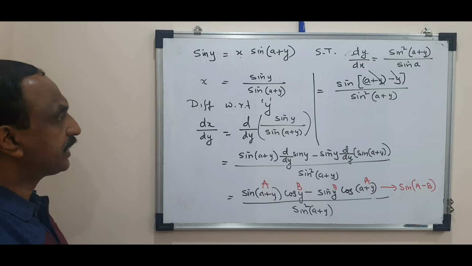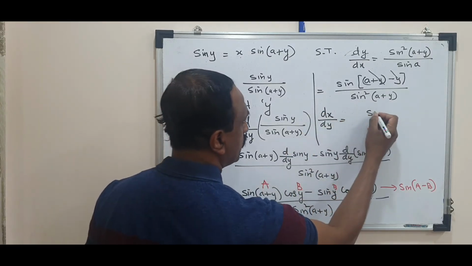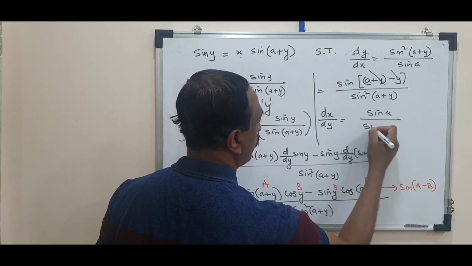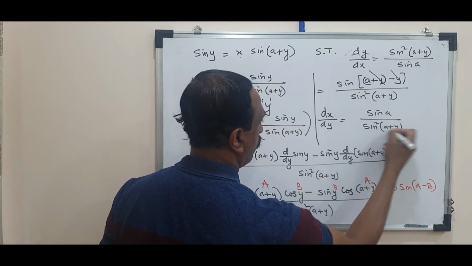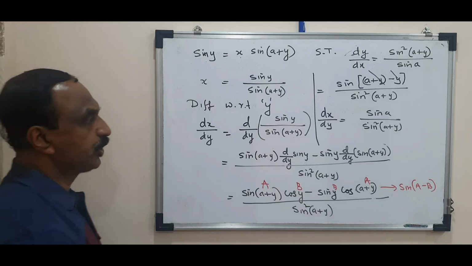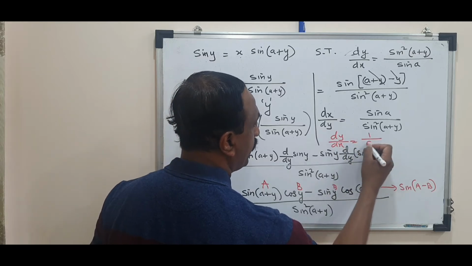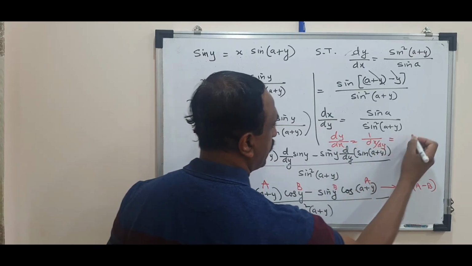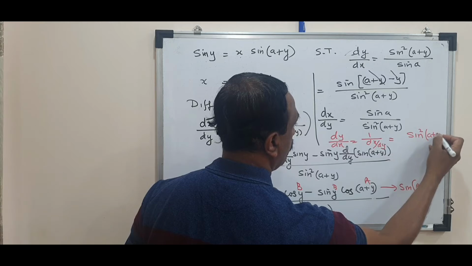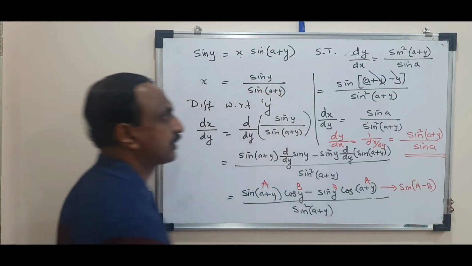So what I am getting as answer here is dx by dy is sine a upon sine square of a plus y. But what are you asked to find? You are asked to find dy by dx. So how will I get dy by dx? So dy by dx will be the reciprocal of dx by dy. That is sine square of a plus y will be the numerator and sine a will be in the denominator. That's how you can get the answer.